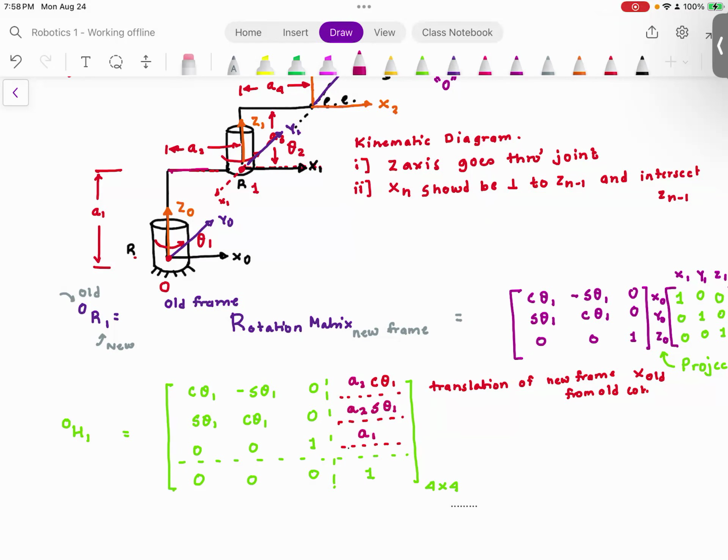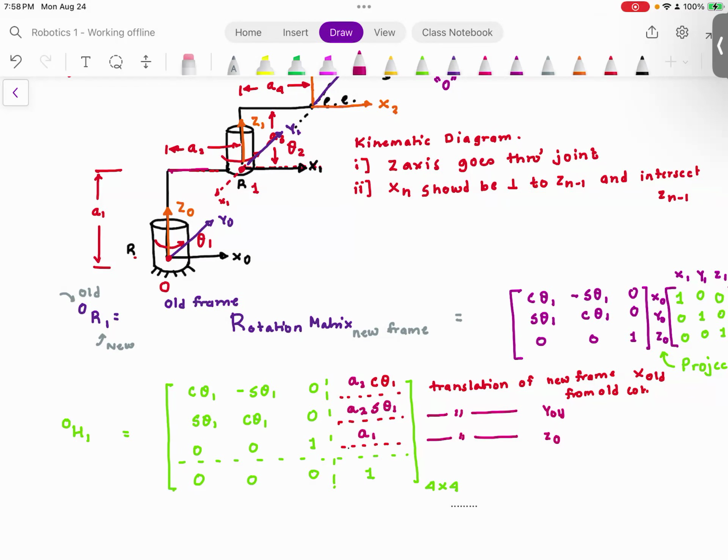So translation of the new frame from the old frame in X old. Similarly, translation of the new frame from the old frame in Y old. And translation of the new frame from the old frame in Z old. Everyone understood this? I would explain this once again.